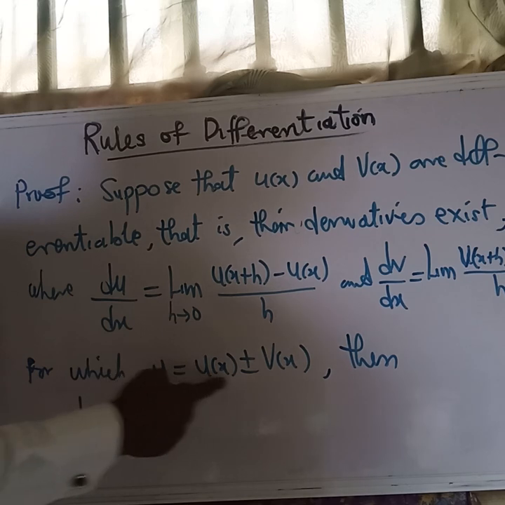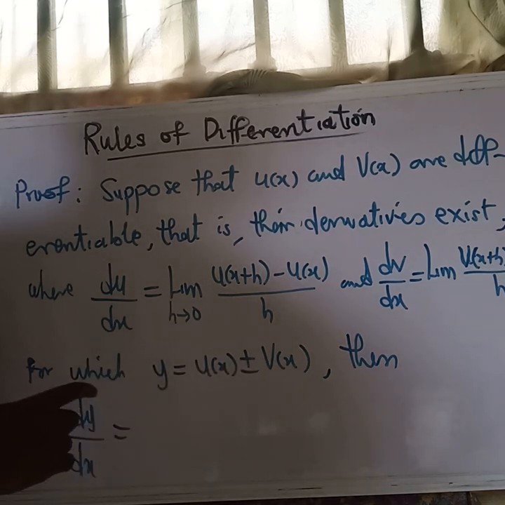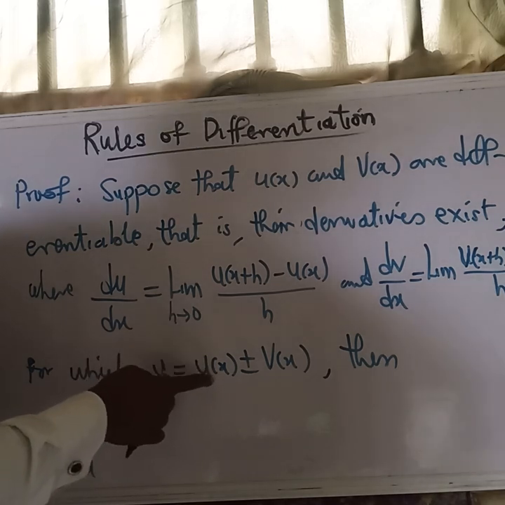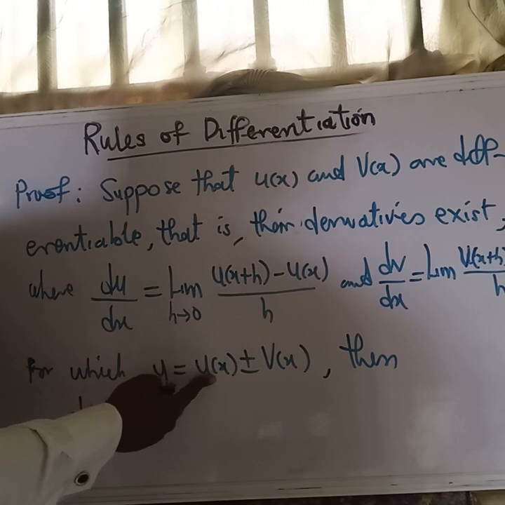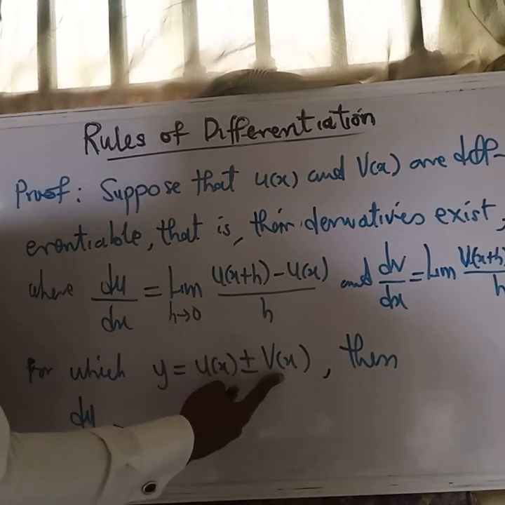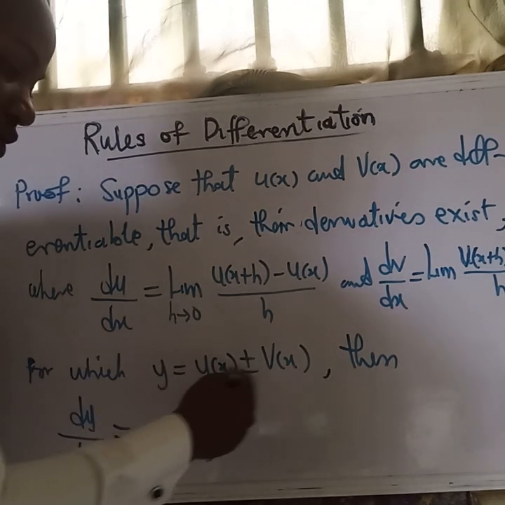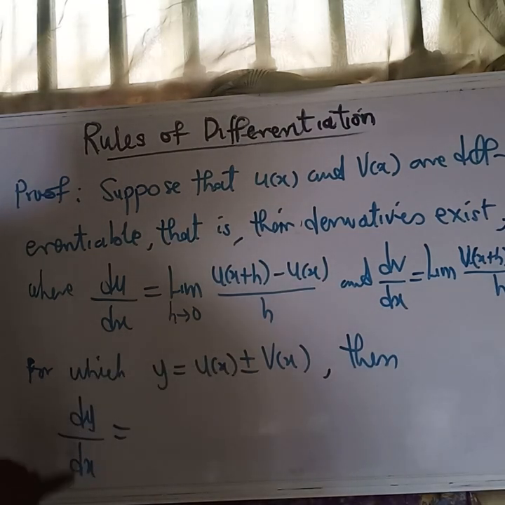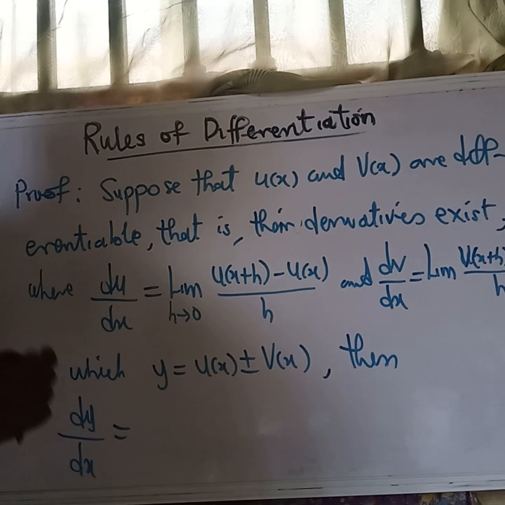Of course, from our antecedent, we know that the derivative of u exists and the derivative of v exists. So we want to see whether the sum of these two also exists. Okay, so we need to find what dy/dx is.